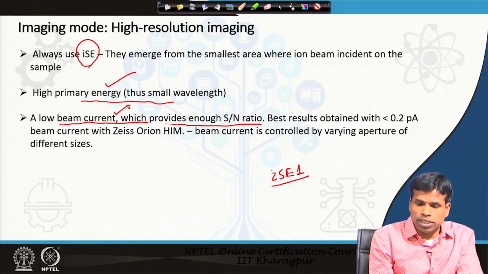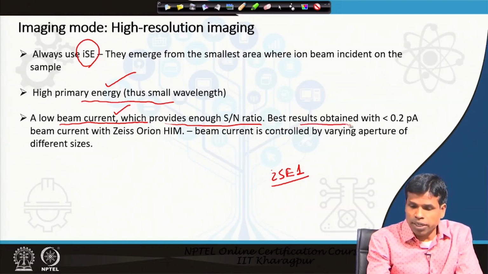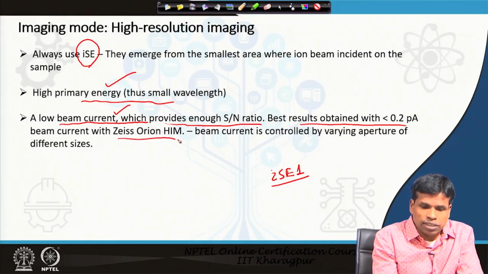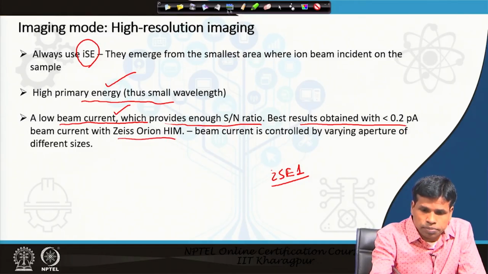As per the studies, the best result is obtained with a beam current less than 0.2 picoampere in a Zeiss Orion helium ion microscope.